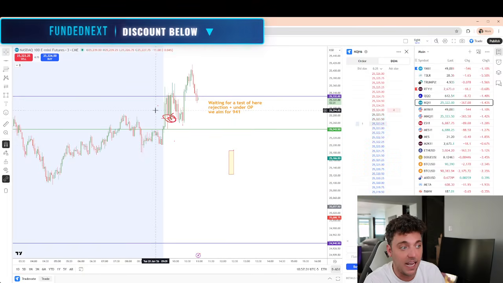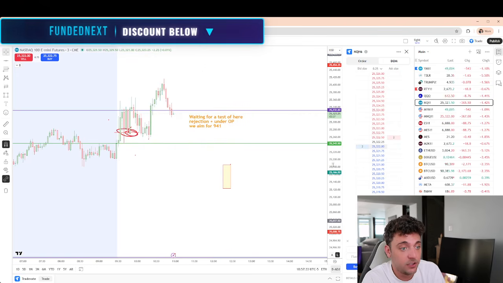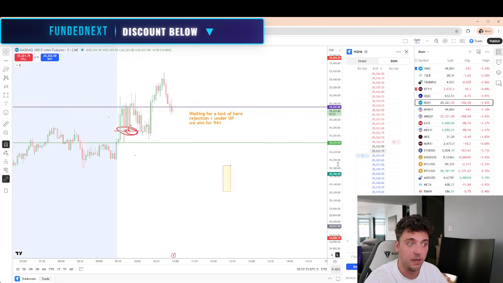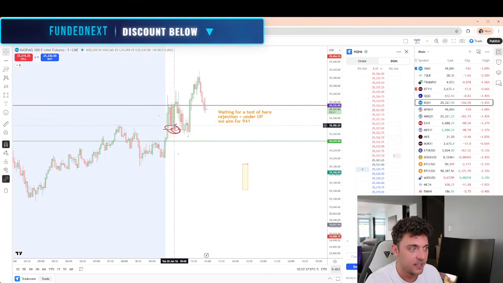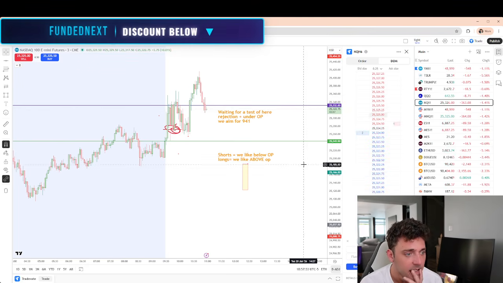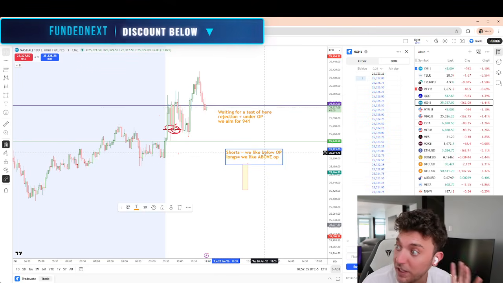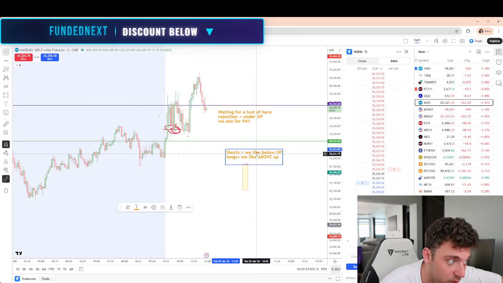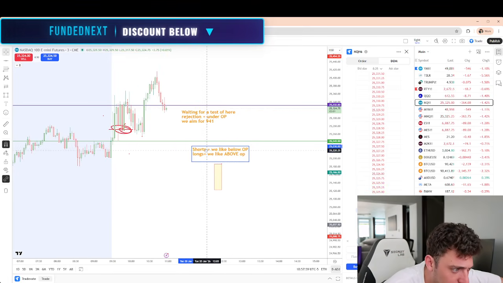Like I said, I'm willing to try trades that are counter opening print like I did today. I took a short above the opening print. Shorts, we like below OP. Longs, we like above OP. That being said, if the risk reward is there, it is okay to try.